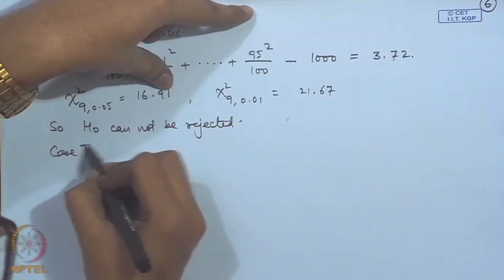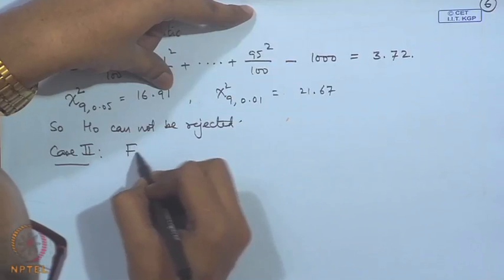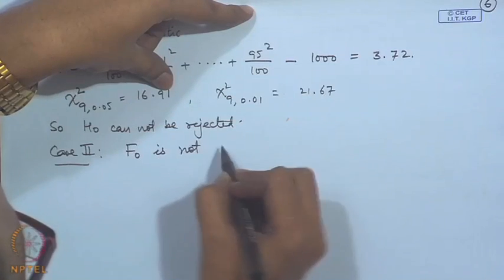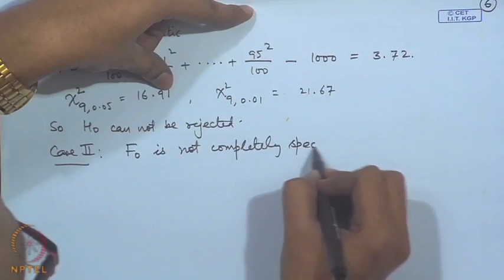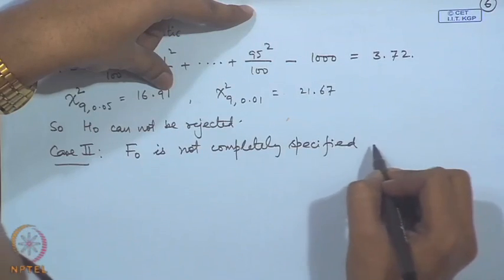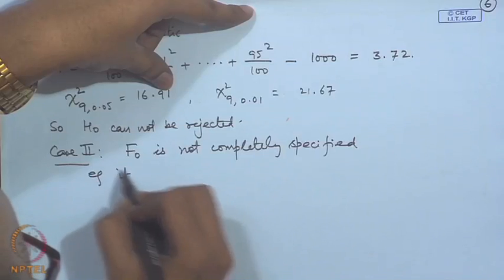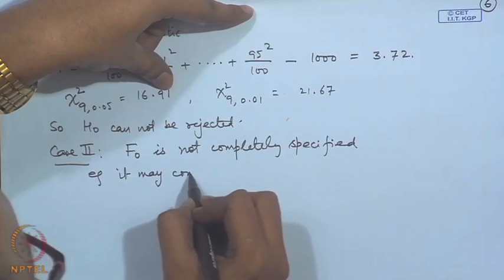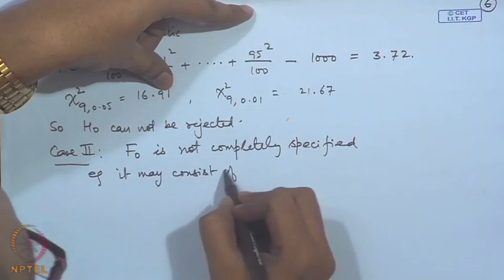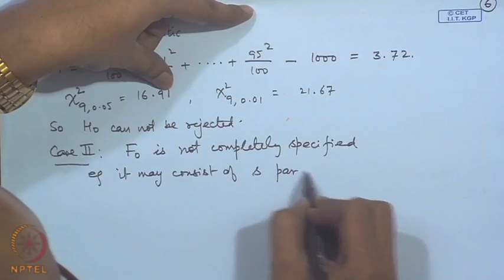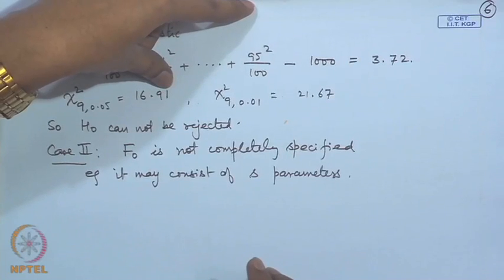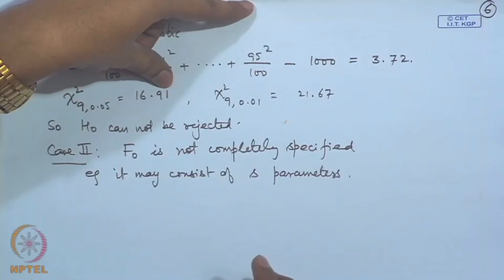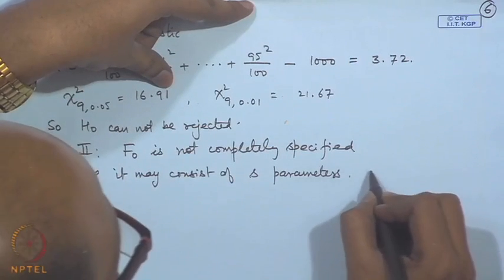So, I will consider case 2. F naught is not completely specified. For example, it may consist of say s parameters. If it consists of parameters, then these probabilities need to be estimated. So, what we do?